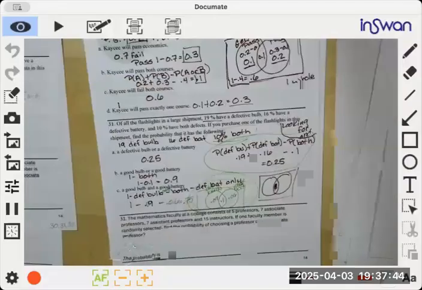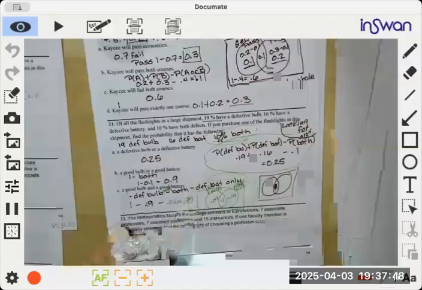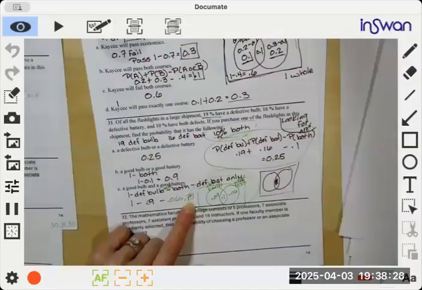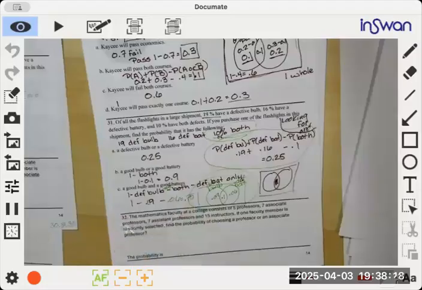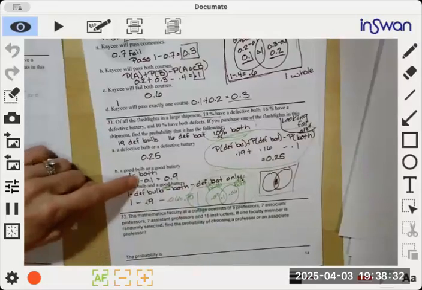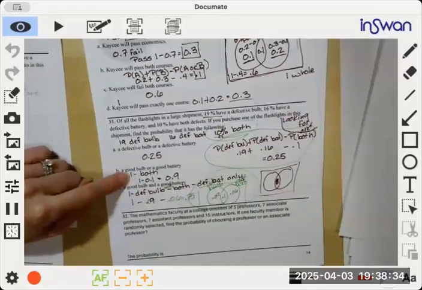Would that not be under B since that's the union of both the goods, and we just have inside the Venn diagram circle the defective ones? Because the total defective is 0.25. But this one is 0.9.